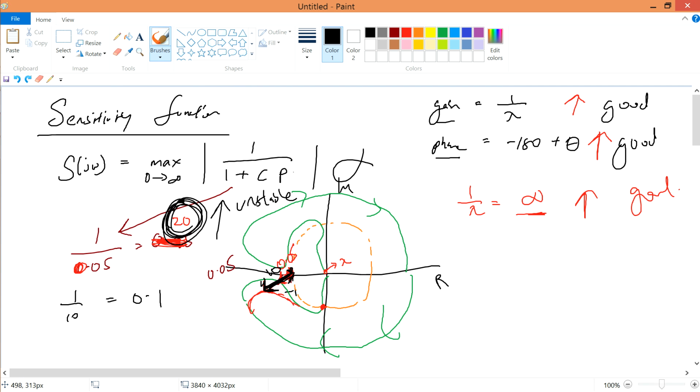The larger the number, the nearer you are to -1. The sensitivity function in this case is what we call the vector margin. It's just the distance from -1. In the next video, we'll share how to derive this equation. I'll see you there.